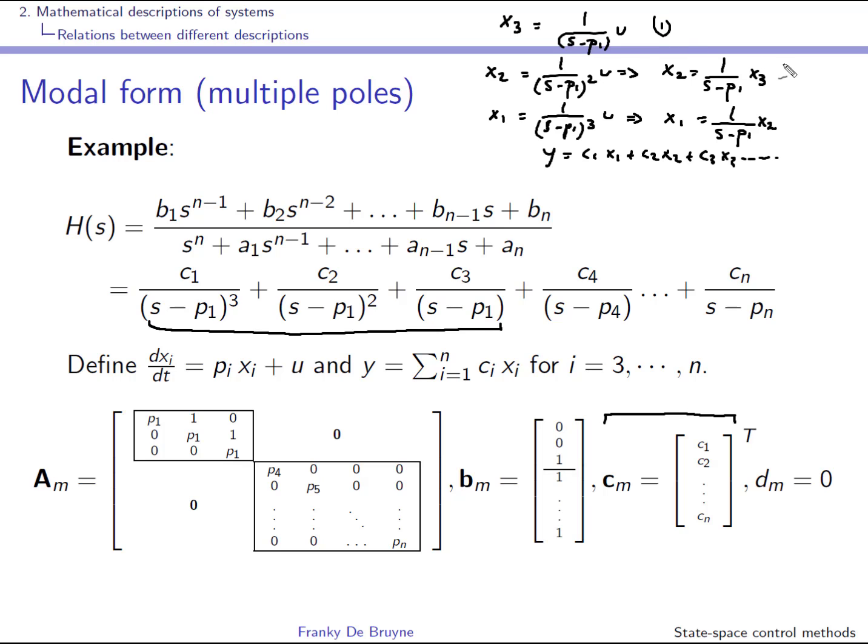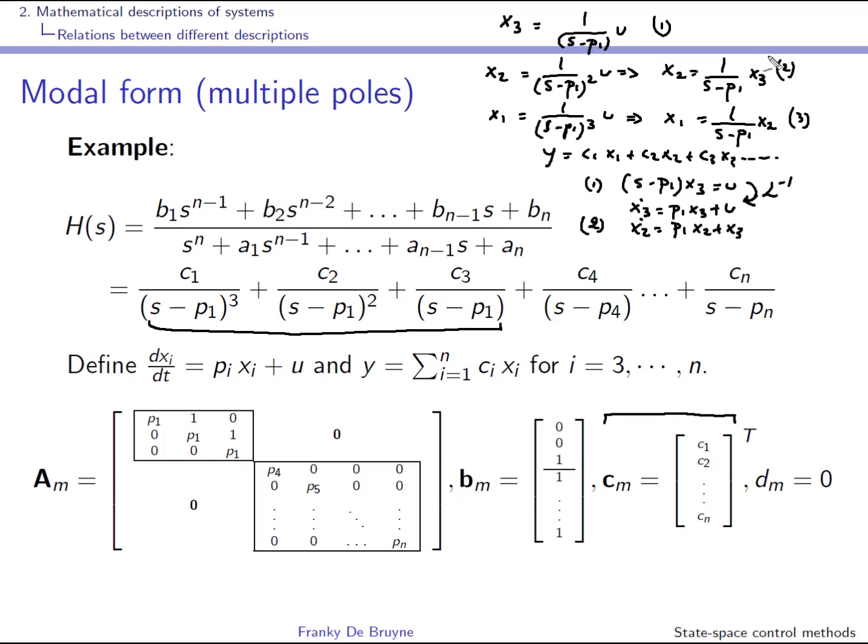Well, if this is the first equation, this is the second equation, and this is the third equation here, we've seen before that you can rewrite the first equation as s minus p1 times x3 equals U, and if you take the inverse Laplace transform, what you'll obtain is x3 dot is equal to p1 x3 plus U. Okay, you can do something similar for the second equation, and you'll have x2 dot is equal to p1 x2 plus x3.